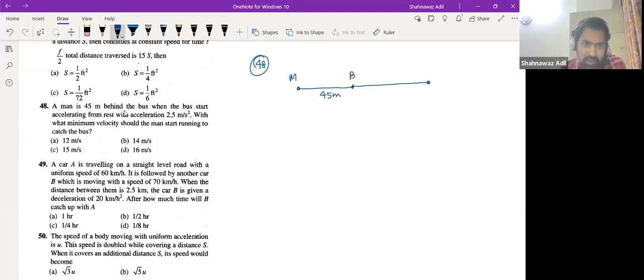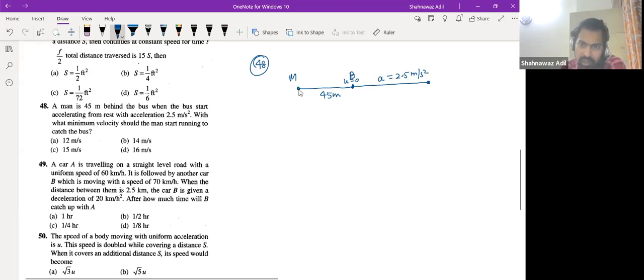When the bus starts accelerating from rest, so the velocity or the speed of the bus is zero, and it accelerates at 2.5 meter per second square. Right. With what minimum velocity should the man start running to catch the bus?